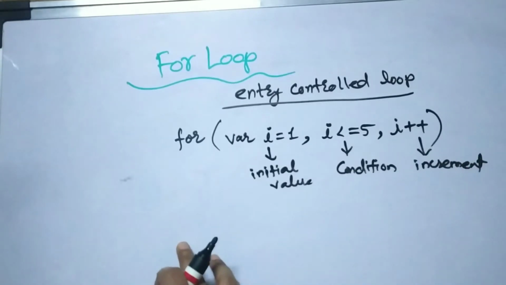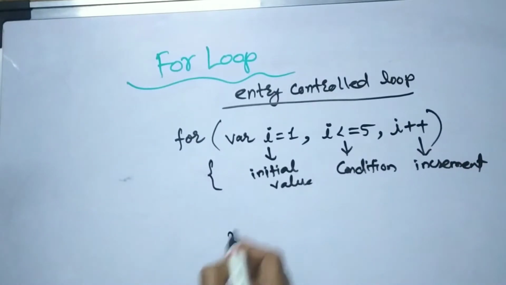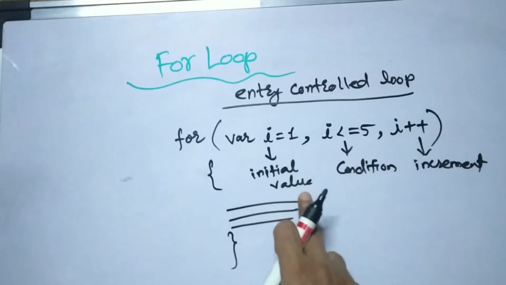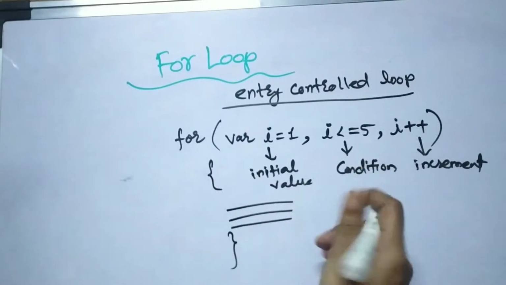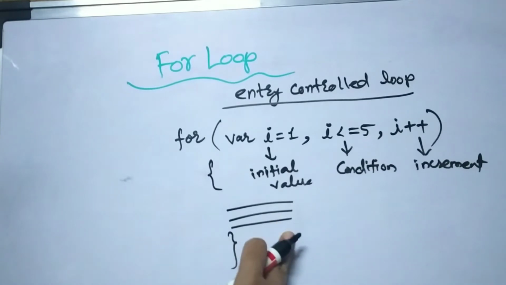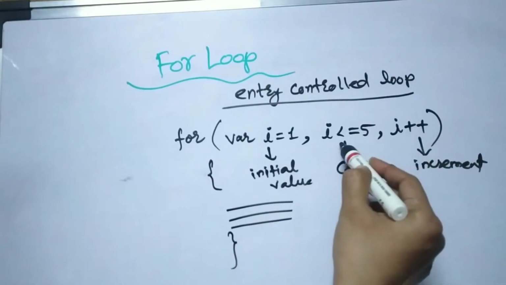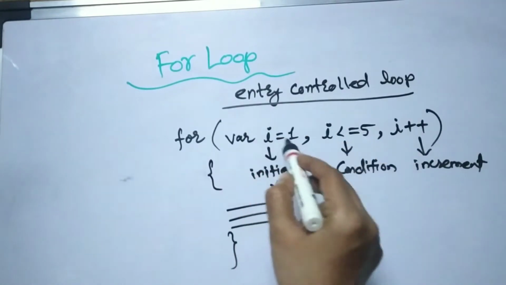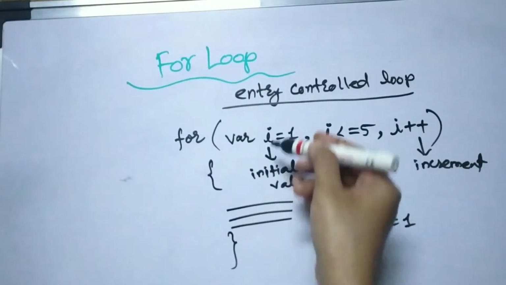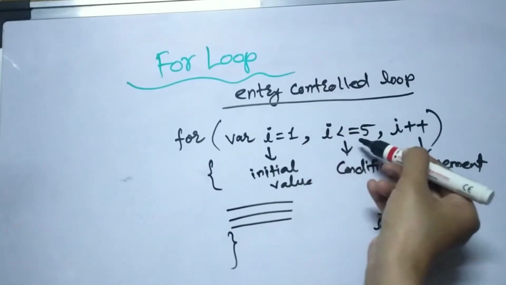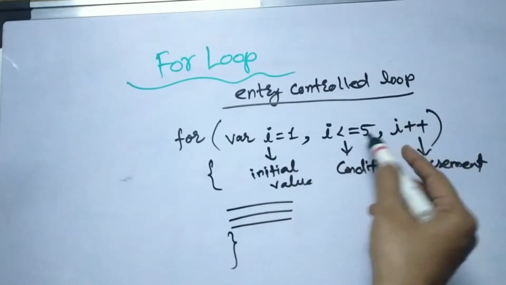So friends, the loop is going to execute whatever is written here. The loop body will start from here to here, and whatever code is written inside is going to execute a number of times till the condition is true. For example, first of all, I's value is set to 1. The loop comes in, and before the body, the condition is checked.